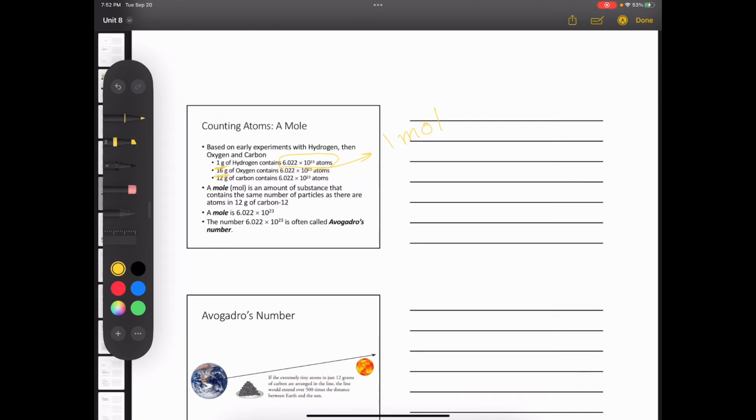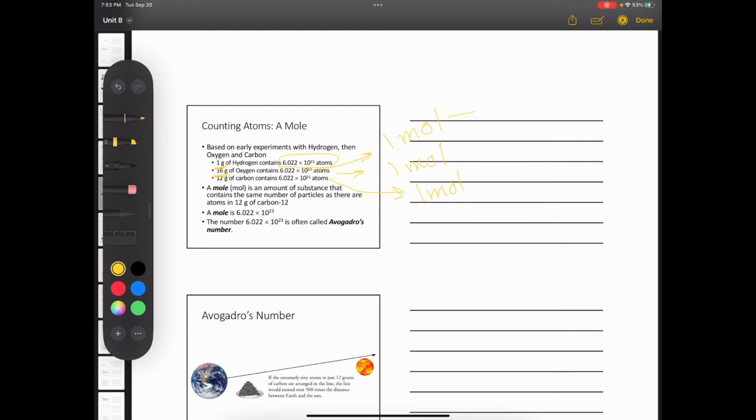And 16 grams of oxygen contains 6.022 times 10 to the power 23 atoms, which is also 1 mole. And also for the carbon, 1 mole.